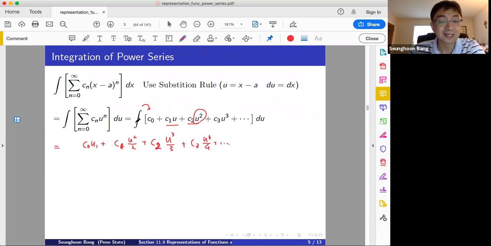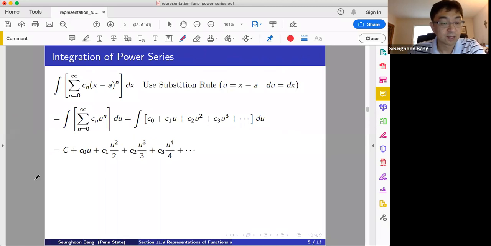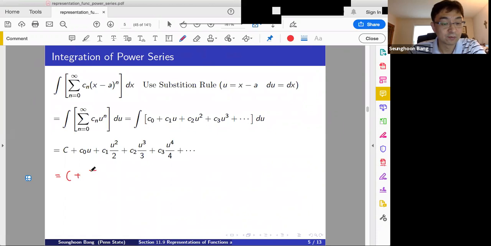So this is like an indefinite integral, we need the constant C, right? Next, you can change this to summation form.